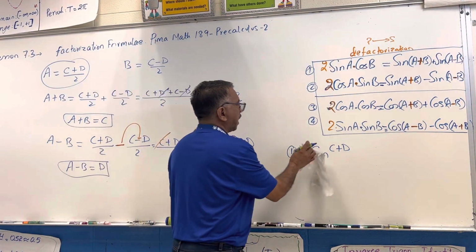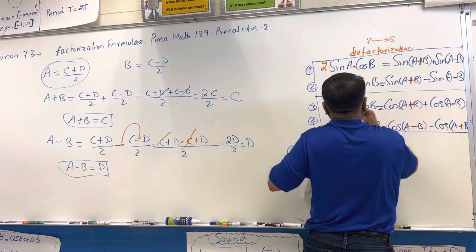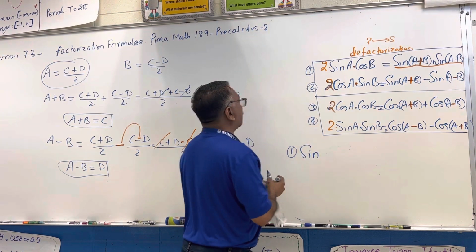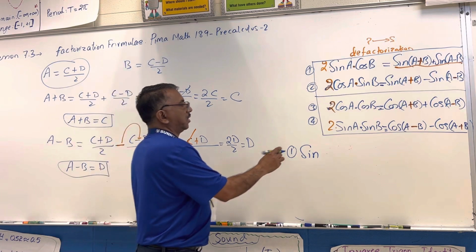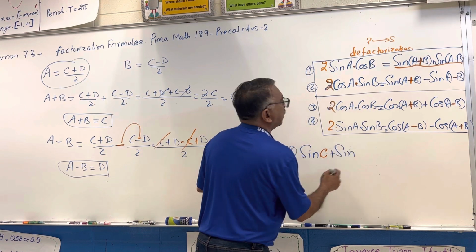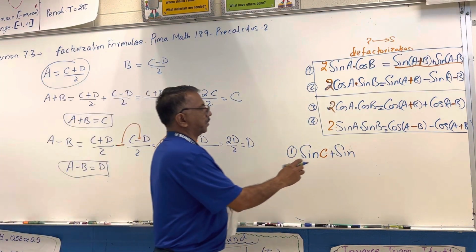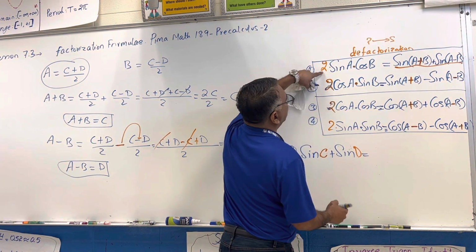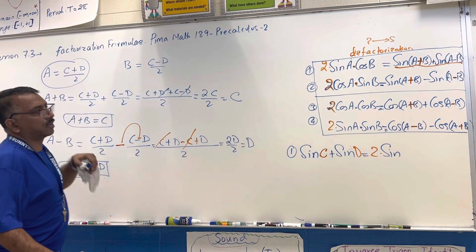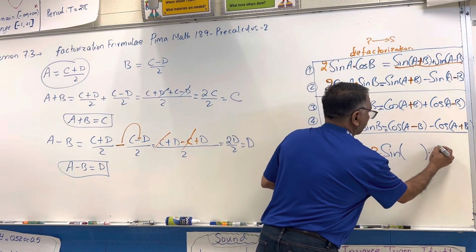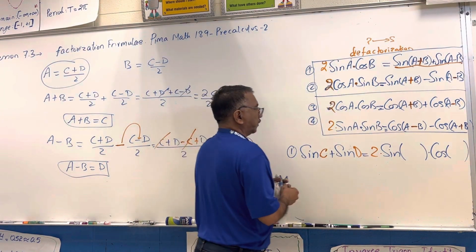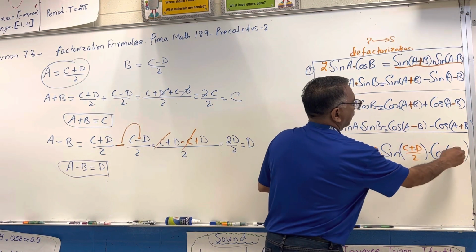I want to write it the other way around, so let's write this part first: sine of A plus B, but A plus B is C, so that's sine C, plus sine of A minus B, which is D, equals 2 sine of (C plus D) over 2 and cosine of (C minus D) over 2.